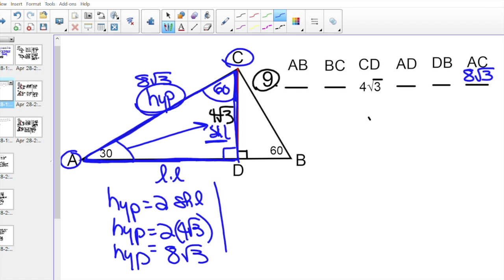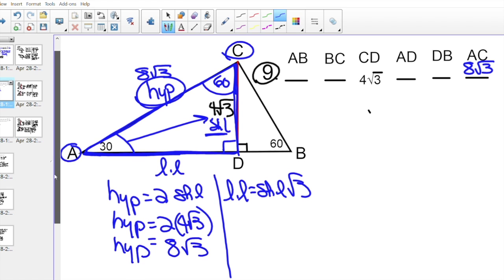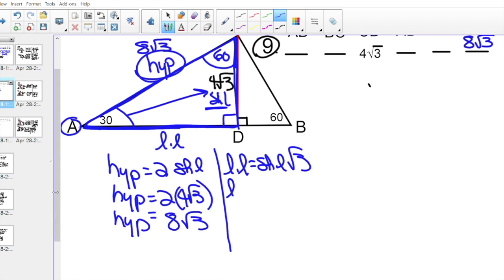Now look at the blue. Now stay with the blue. Right here, the blue, LL, longer leg. It's found by taking the shorter leg times the square root of 3. So the longer leg is equal to, now remember the shorter leg is how much? 4 on the square root of 3 times the square root of 3. Now, we've got to know how to multiply radicals.